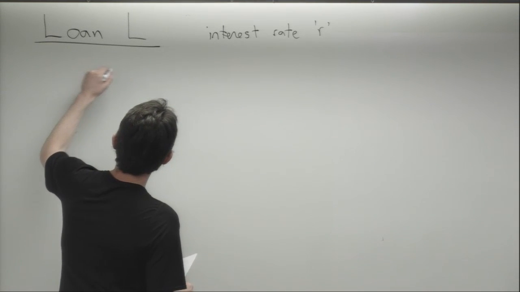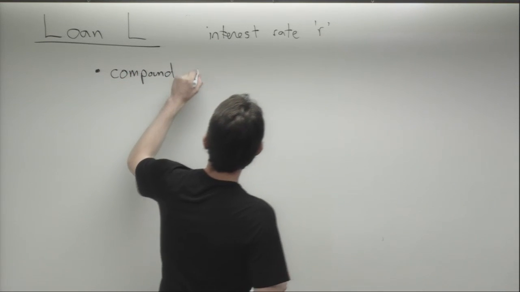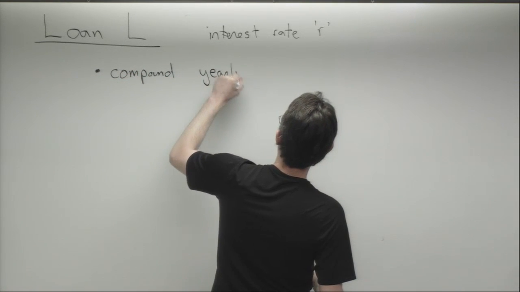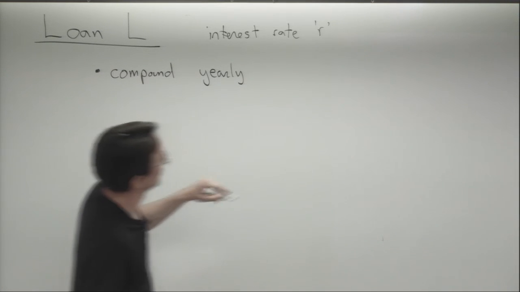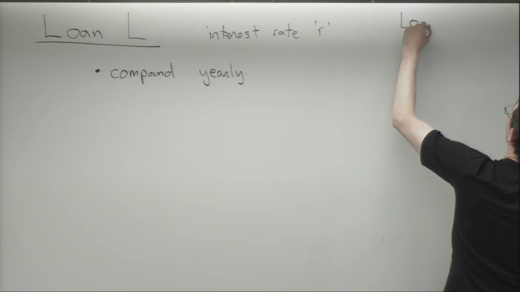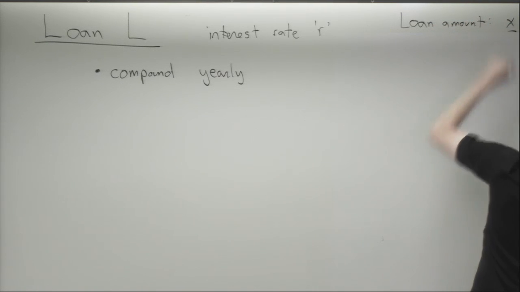Okay, so there's a few ways to do this. If your bank is nice, they'll compound at the end of every year. So compound yearly, which would mean that, so let's say that my loan amount is a variable x, okay?